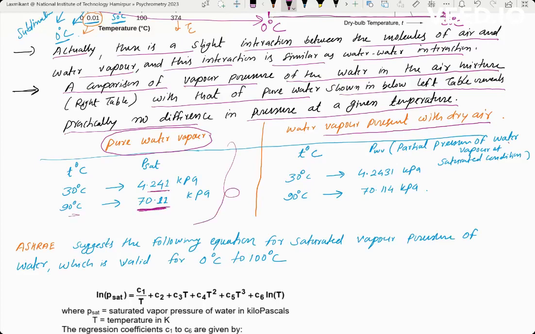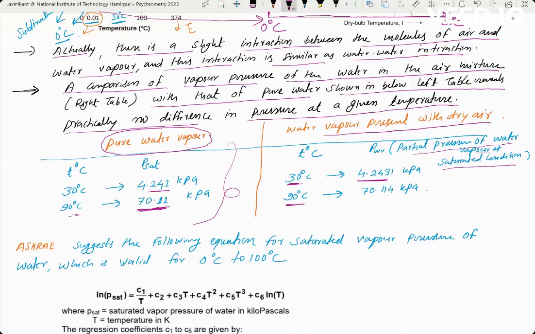However, if water vapor is present with dry air, then it is mixed with air, so here the vapor pressure will be the partial pressure of water vapor, but at saturated condition. So at 30 degrees Celsius, the partial pressure of water vapor at saturated condition is 4.2431 kilopascal.